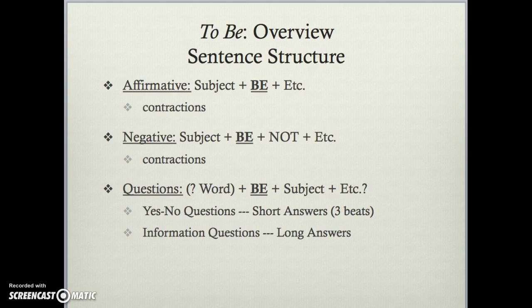Next, the last point related to our overview. When you are teaching the verb to be, you will need to cover sentence structure, including affirmative, negative, and question structures. With affirmative and negative, in addition to pointing out word order and form choice, you will want to cover the use of contractions and reductions as a natural part of oral communication and sounding friendly.